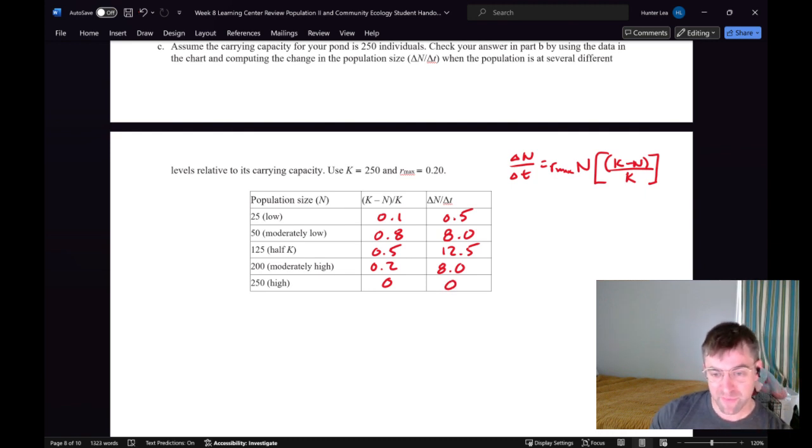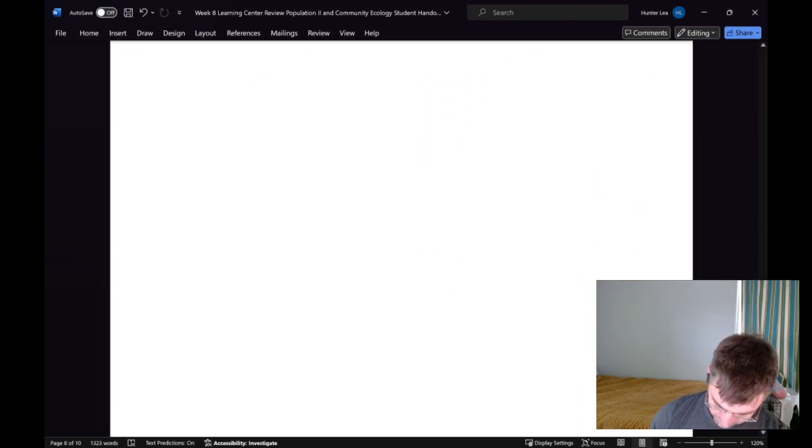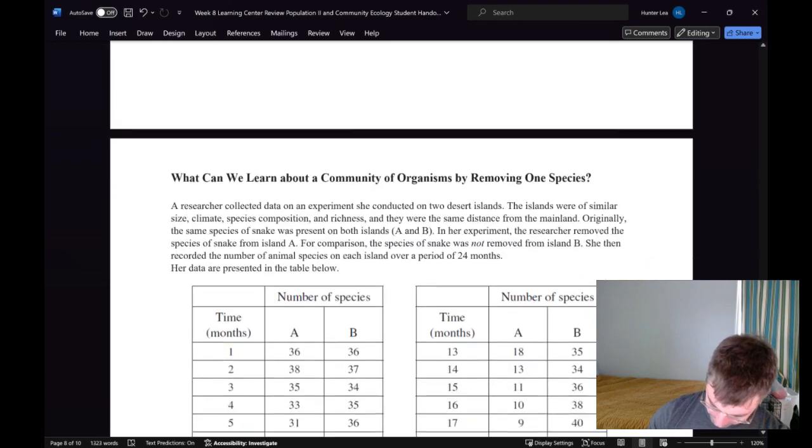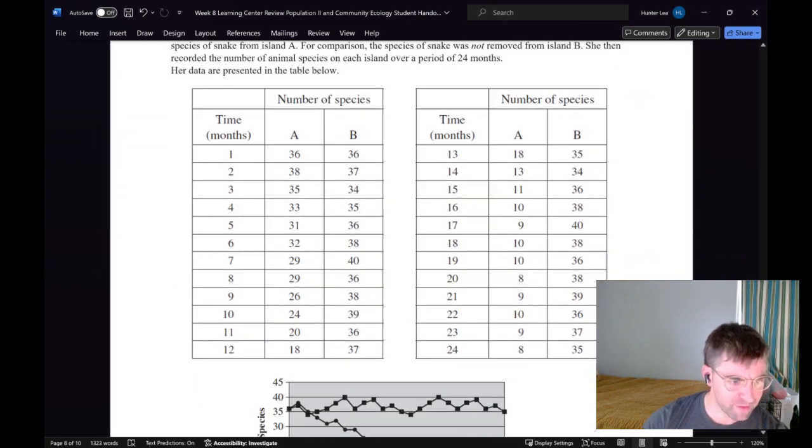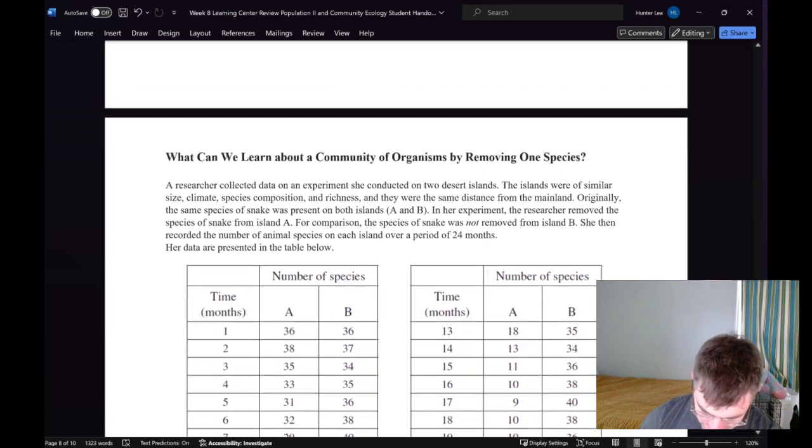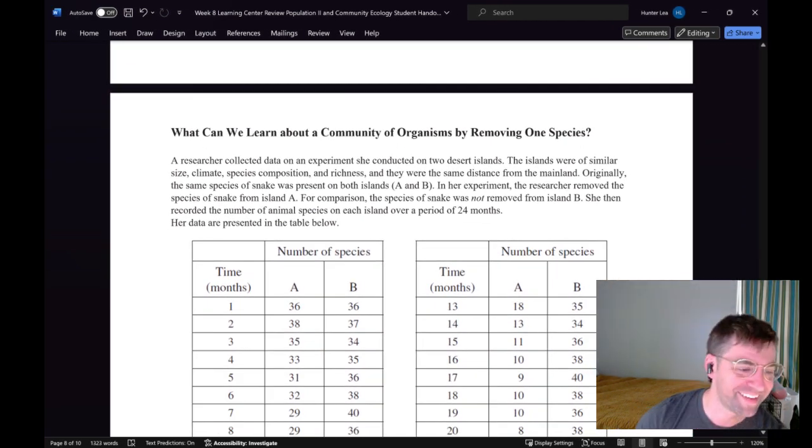When n equals k, remember that rate will be 0. Cool. There's more. How are we doing on time? This is a long one, which is part of why we're skipping the number crunching. All right.